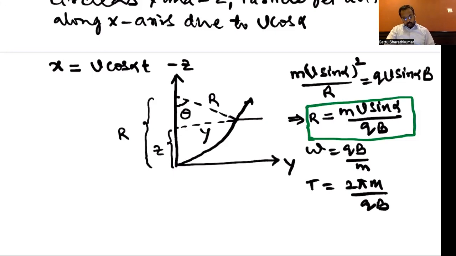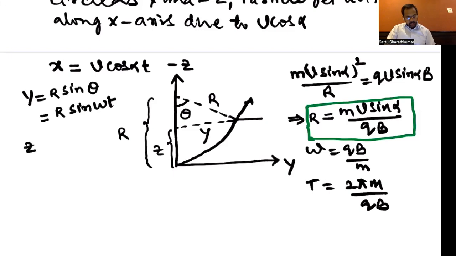Right? Now, your y becomes r sin theta. R is mv sin alpha by qB. Don't get confused with that. R sin theta is r sin omega t. And your z, of course minus z, is r into 1 minus cos theta, which can be taken as r into 1 minus cos omega t.